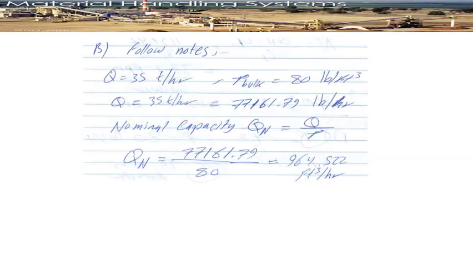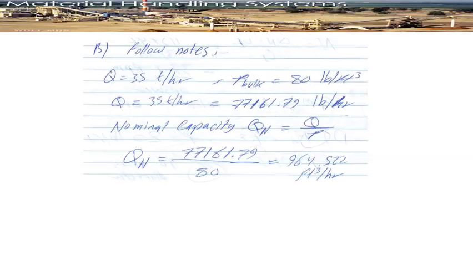So 35 ton, changing it into kilogram, I have to make it 35,000 multiplied by 2.2, and we are going to have 77,161.79 pounds per hour.